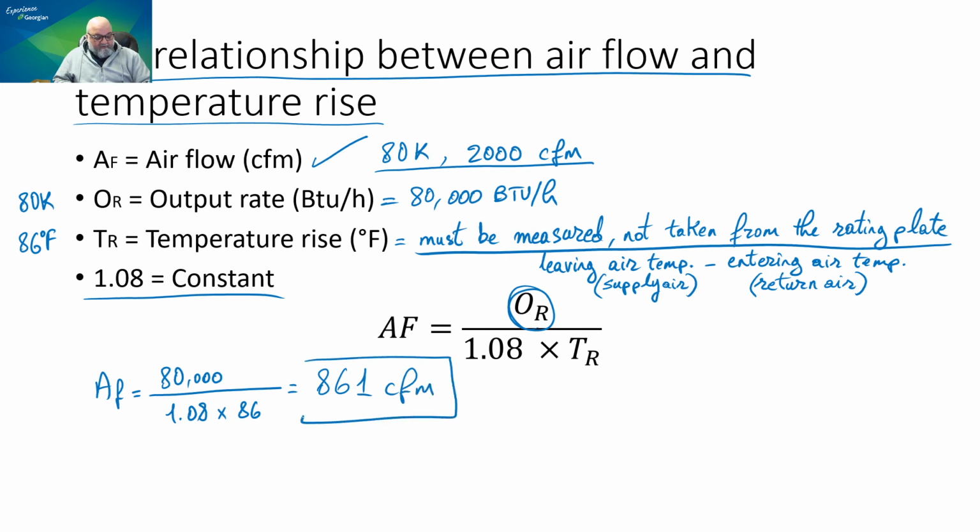Do you think you have a problem? We were asking for 2000 CFM. We got 861 CFM, if my math is correct. That is a huge problem. Huge, huge, huge problem. It's not even close.